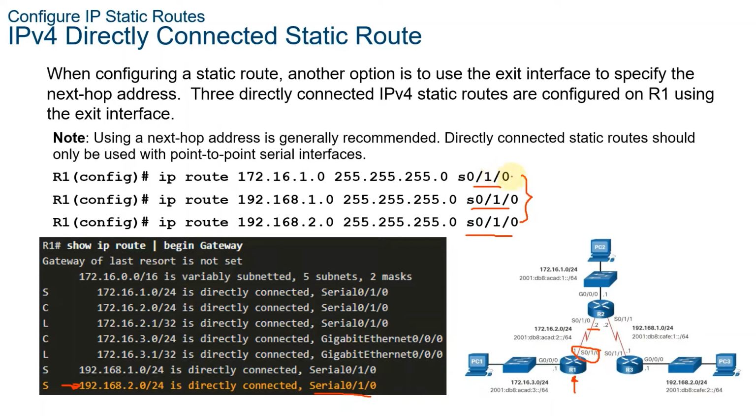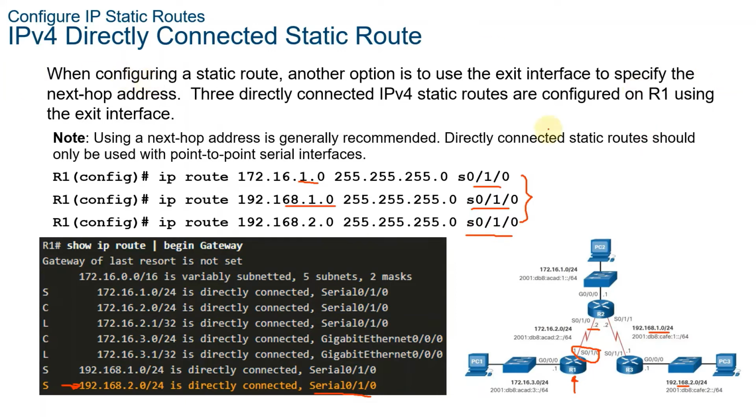That is why in here, you've got Serial 0/1/0. Now, to reach the remote network 172.16.1.0, we need to use Serial 0/1/0 as the exit interface. Same thing, to reach the remote network 192.168.1.0, we also use Serial 0/1/0 as the exit interface. That also applies to remote network 192.168.2.0, using the Serial 0/1/0 exit interface.